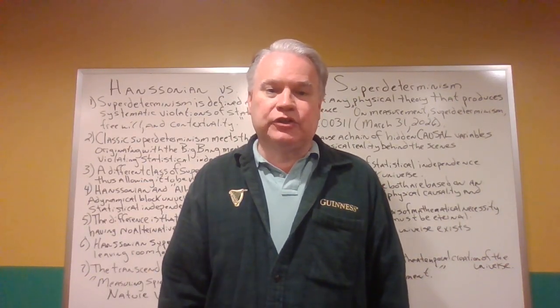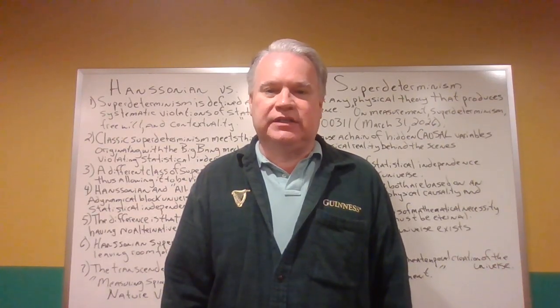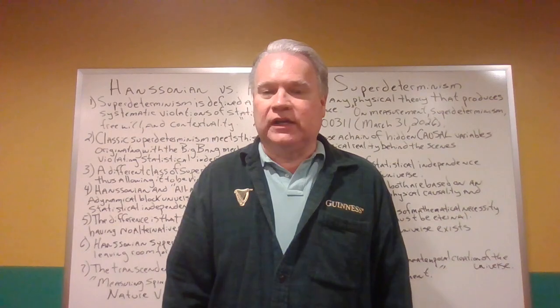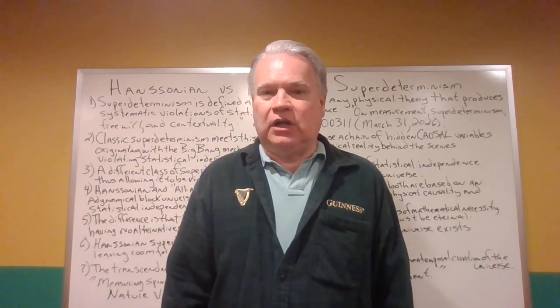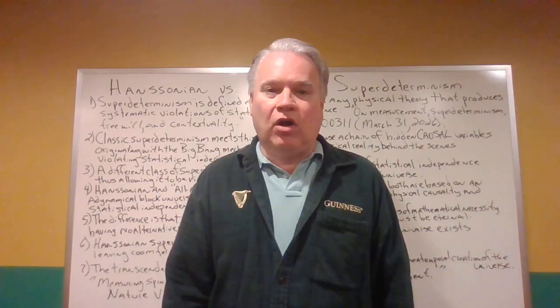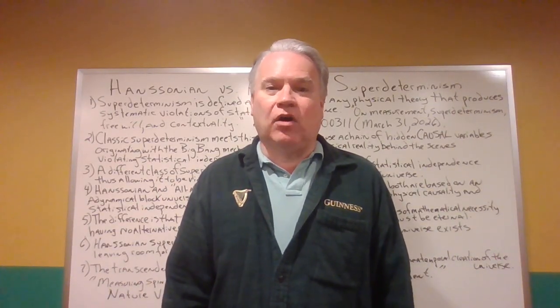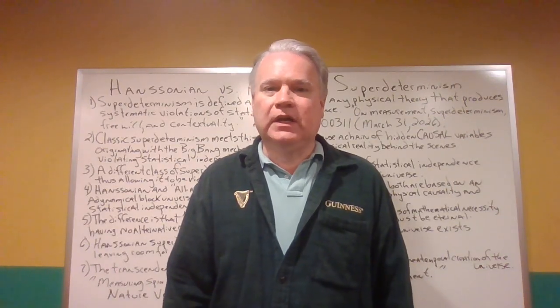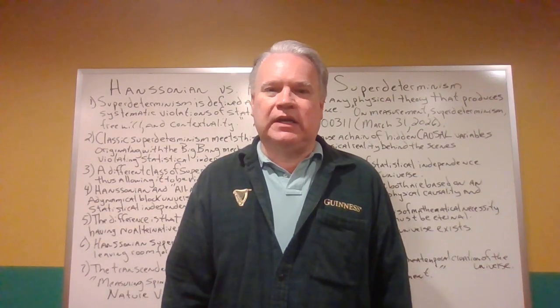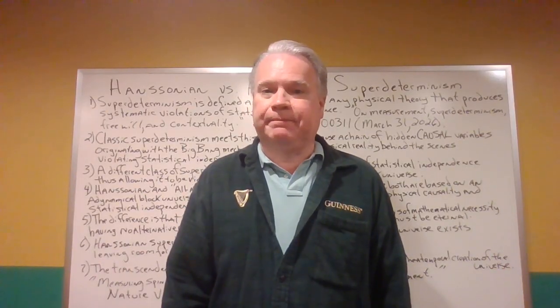So, classic superdeterminism explains the spooky action at a distance found in the correlations of entangled particles as a result of hidden causal variables or causal chains that extend all the way back to the initial conditions of the Big Bang. So, this is the very typical understanding that people have of superdeterminism.